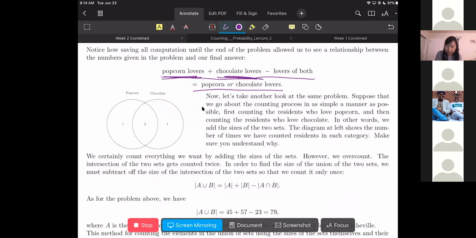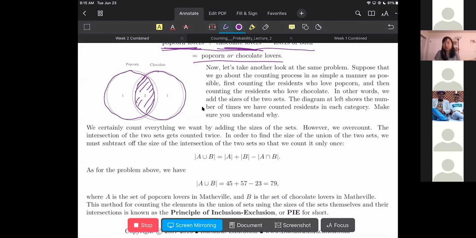If we add the sizes of these two sets, in the Venn diagram we actually count the center part 2 times, because we count it once when we count this circle, and then again when we count this circle. This leads to overcounting. So we count this intersection twice, and we can use set notation to say this more formally.